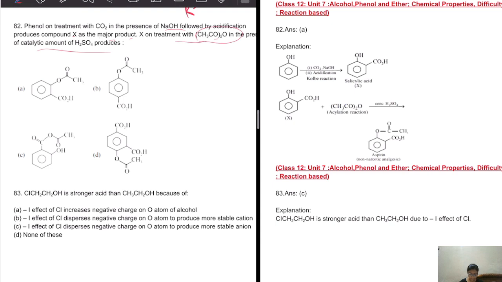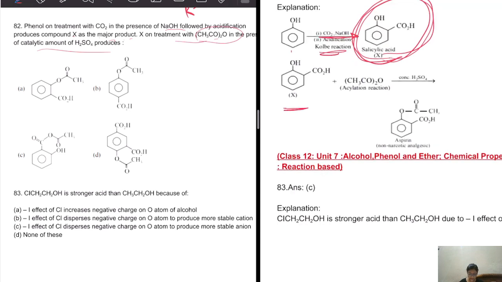So we have phenol. This on treatment with this and acidification will give salicylic acid, and then upon acetylation, here we will have O, which we see is this group.